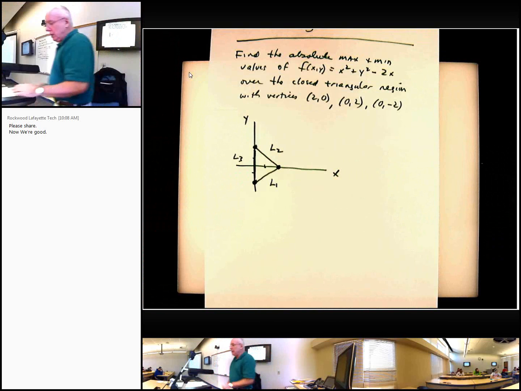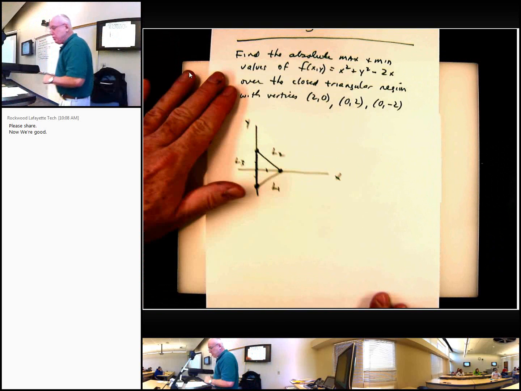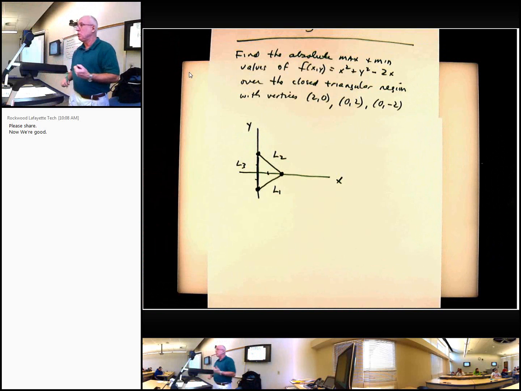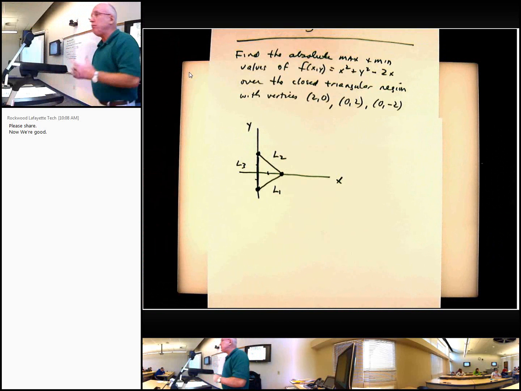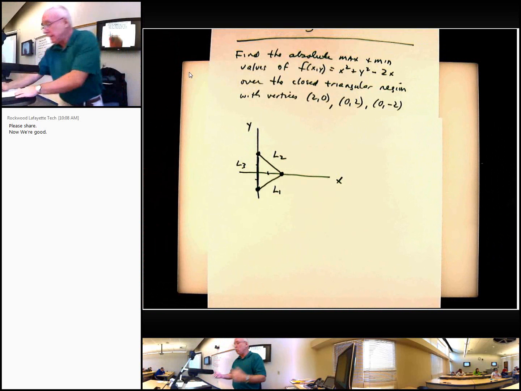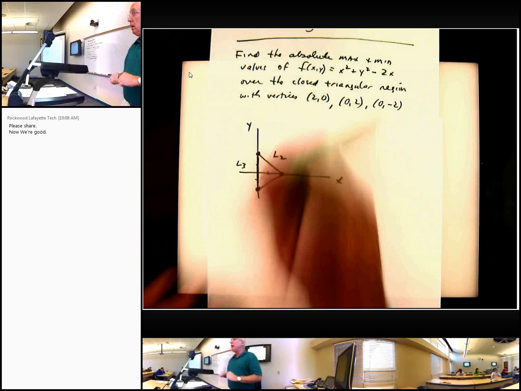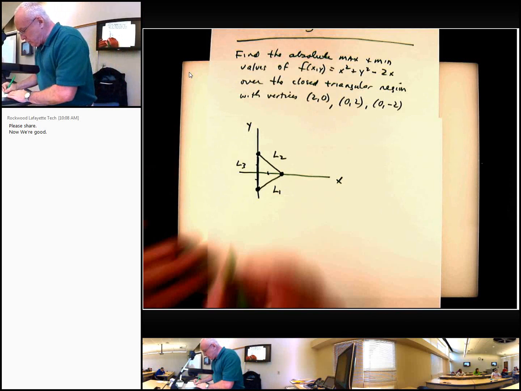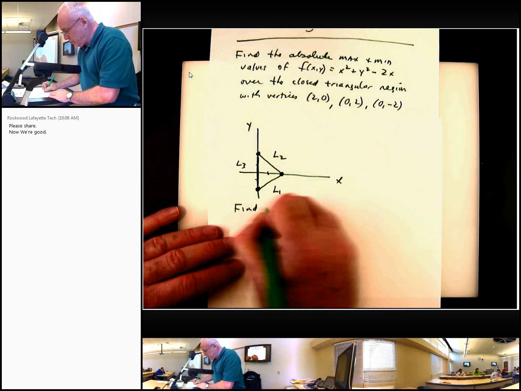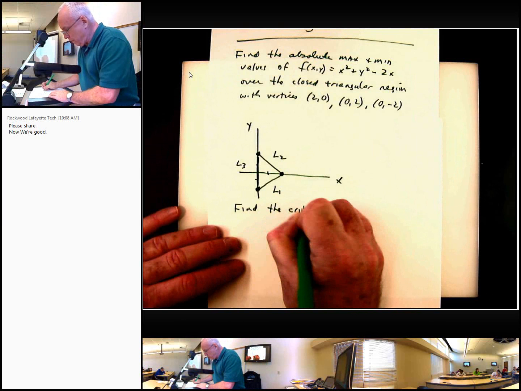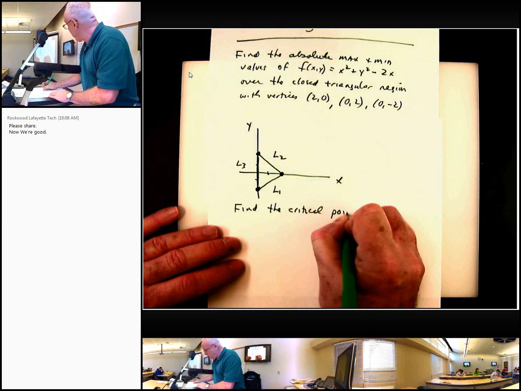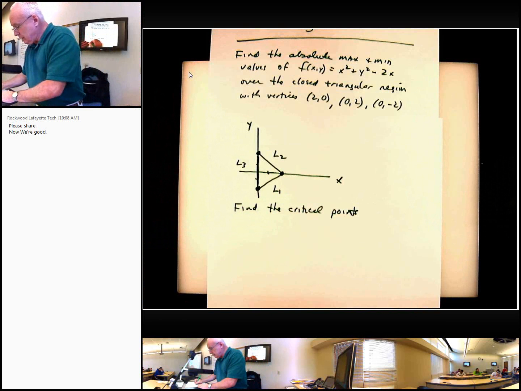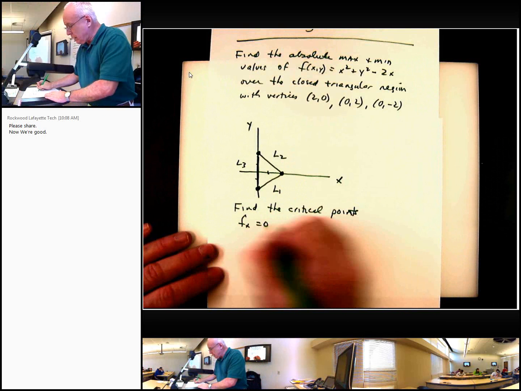Now, the first thing that we can do here with this problem is we want to get the critical point, and see if we have a critical point that's on the inside of that triangle. So let's find the critical point. That means we need to do fx equal to 0 and fy equal to 0.